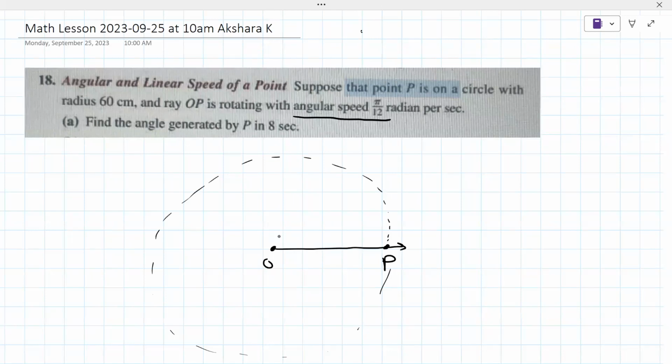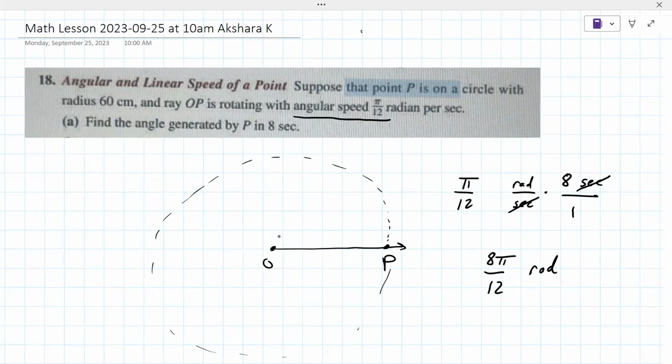So if you just do a units conversion, pi over 12 radians per second times 8 seconds tells you how many radians have been swept by this thing. So it's 8 pi over 12 radians.